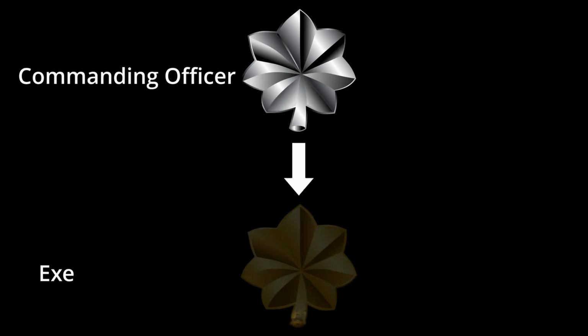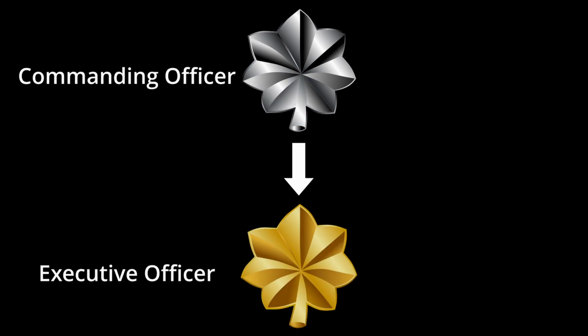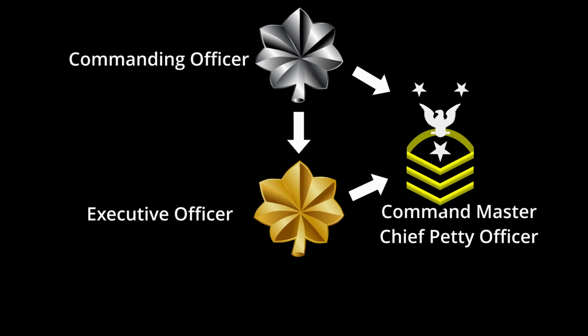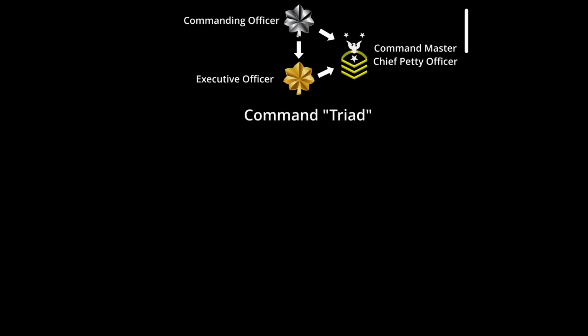Below the commanding officer is the executive officer, which is the right hand to the commanding officer. They are responsible to the CO and are prepared to assume their responsibilities after the change of command. The Command Master Chief is the highest enlisted rank within the squadron, and they are the enlisted advisor to the commanding officer. Together, these three ranks are known as the Command Triad.